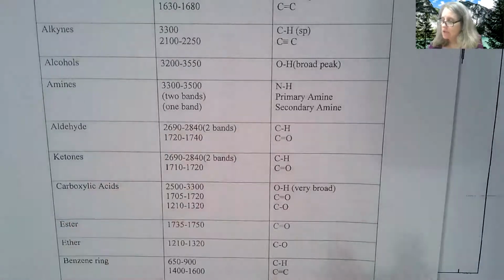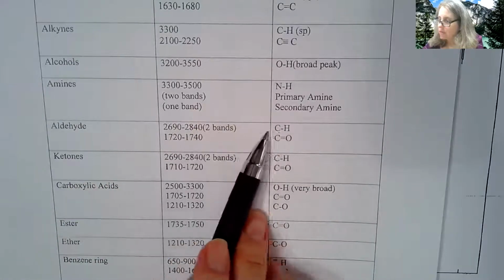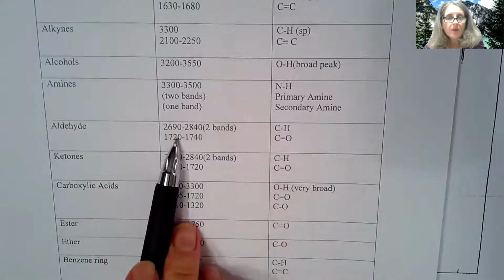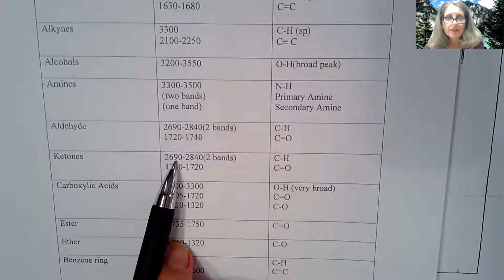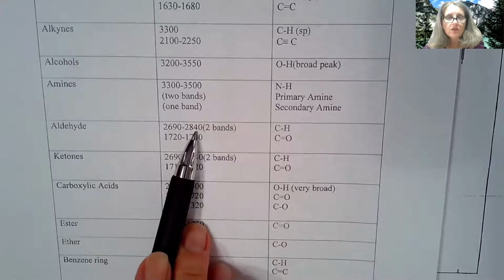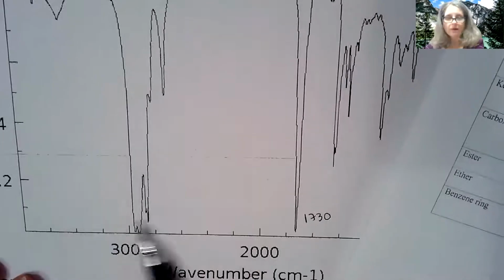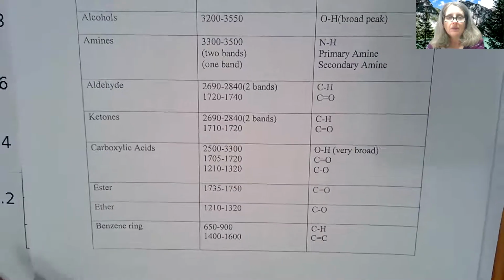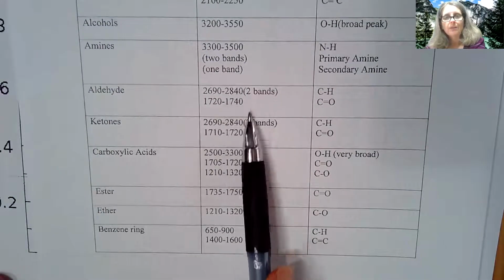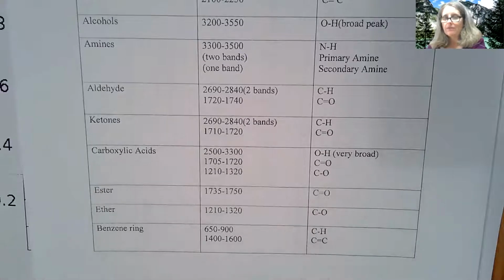I look at these 2, and I see that for aldehyde and for ketone, I have 2 bands that show up for the CH, both at the same place, about 2690 to 2840. So that band, which is probably somewhere over here, it might be underneath some other things, really is not going to distinguish an aldehyde from a ketone.